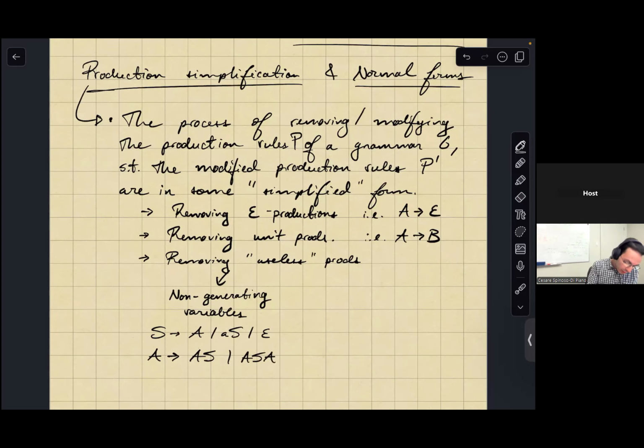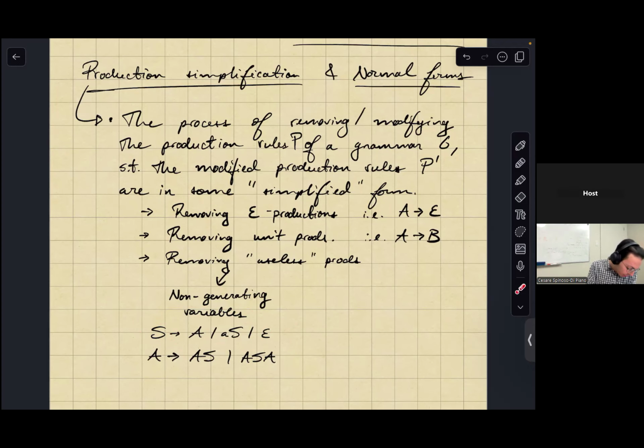Then this variable S is actually a generating variable, because you can use S, replace it with AS a few times, and then at some point terminate by replacing that final S with epsilon, and then at the end you get a string of terminals. Just a string of terminals.